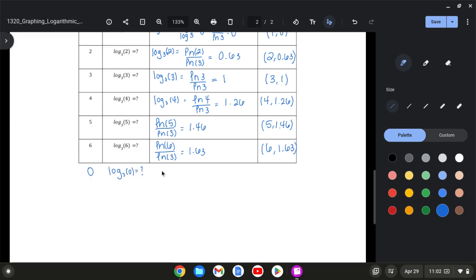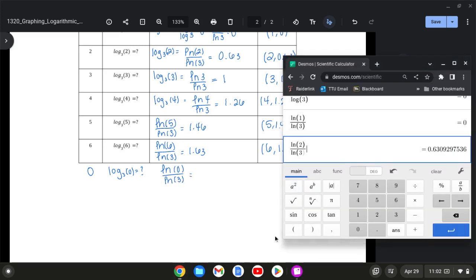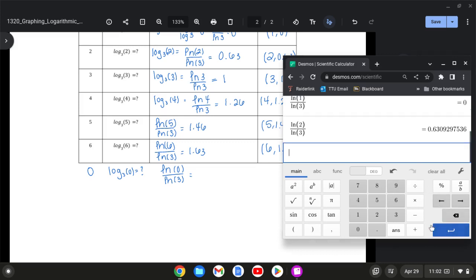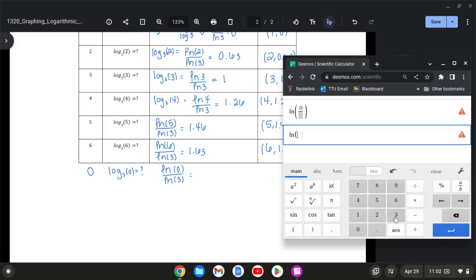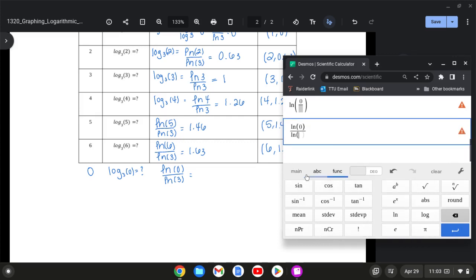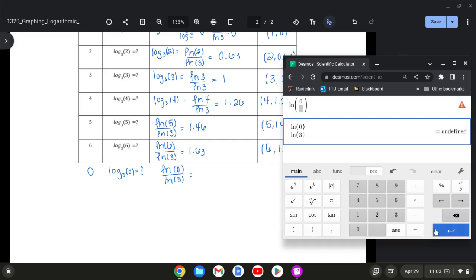So using change of base, we would have natural log of 0 divided by the natural log of 3. And if I pull up my scientific calculator for this, you'll see that we get undefined.